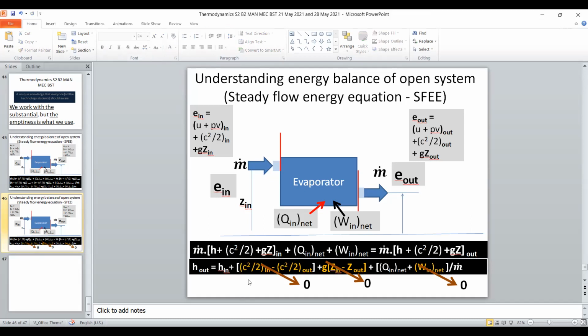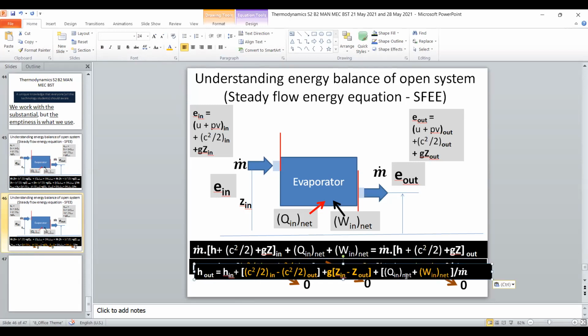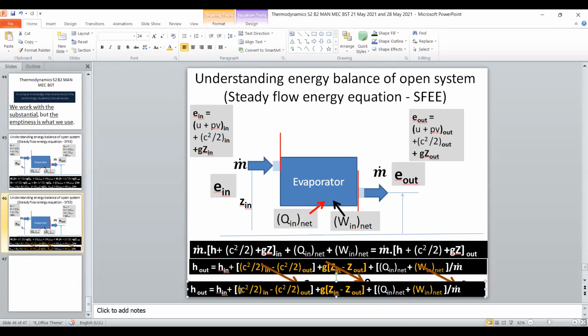So likewise, this will be simplified. I take the negligible terms out.